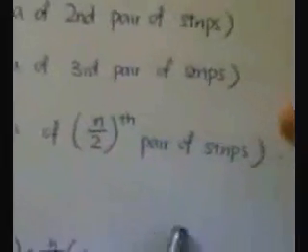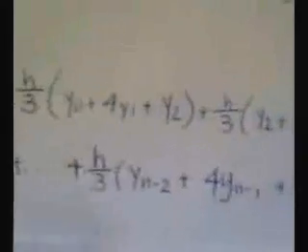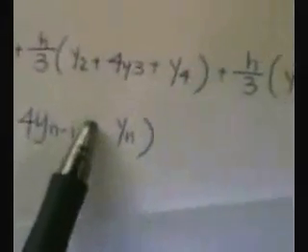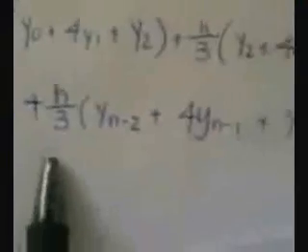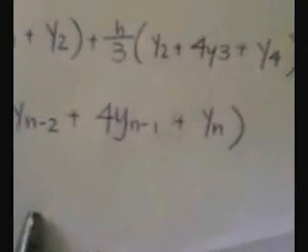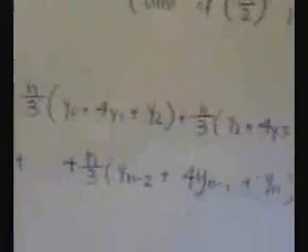If we divide the area into an even number of strips, then the integral of a to b of f(x) dx will be approximately the area of the first pair of strips plus the area of the second pair of strips plus the area of the third pair of strips, up to the area of the n over 2 pair of strips.